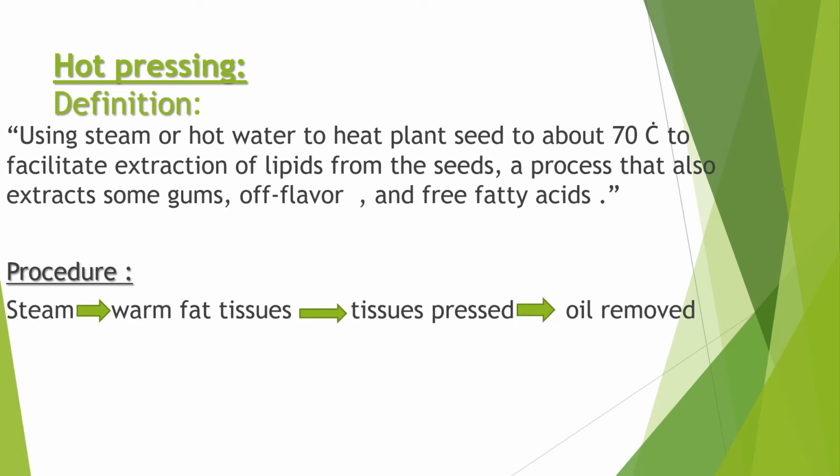These are polysaccharide-based substances associated with some woody plants. So this also seems to be a very simple process, and the difference between the two processes is that we get the bulk amount of oil in hot pressing, while in cold pressing the purity of oil matters.